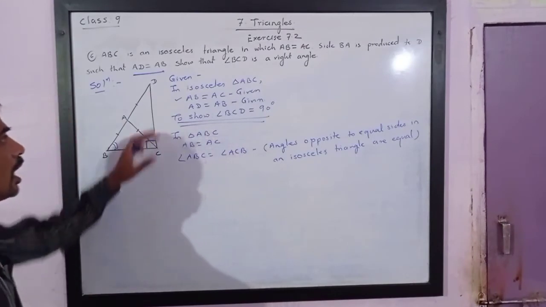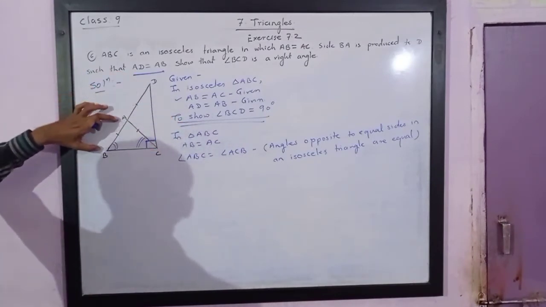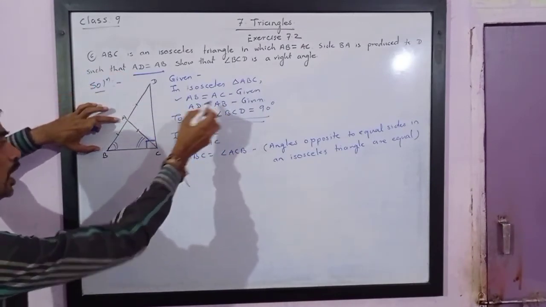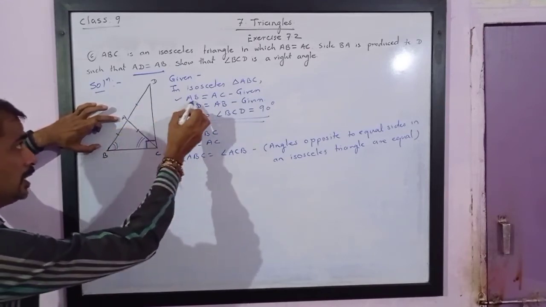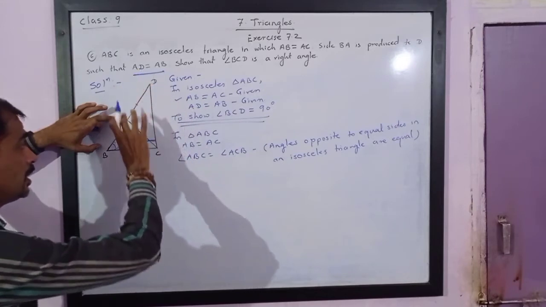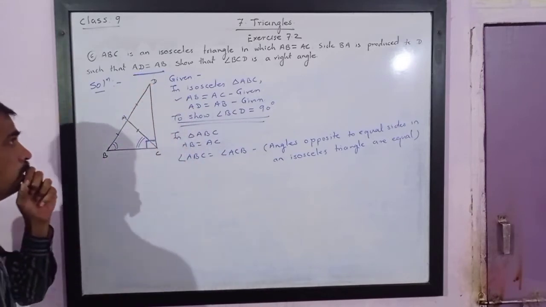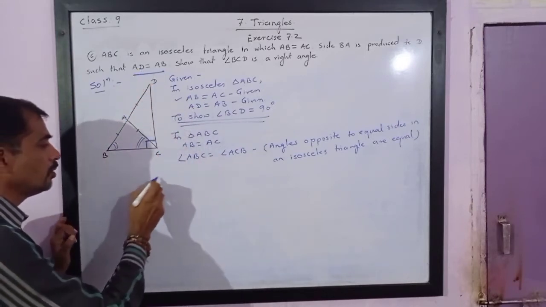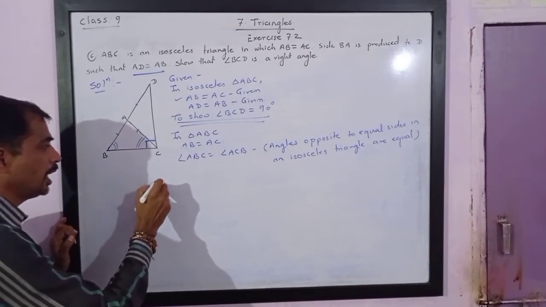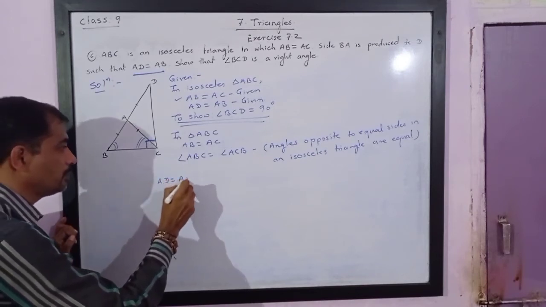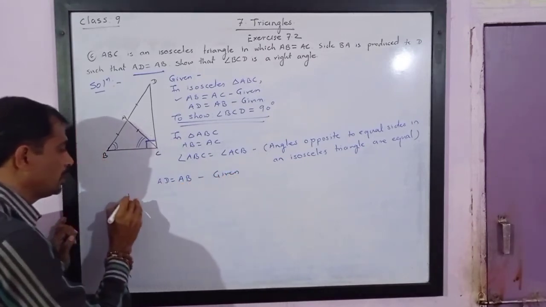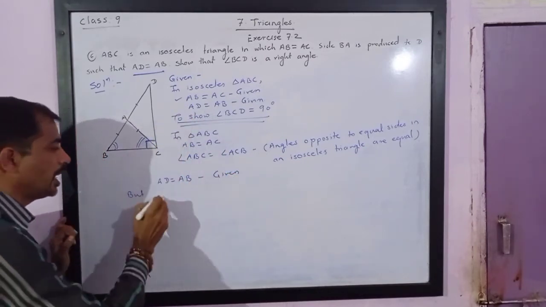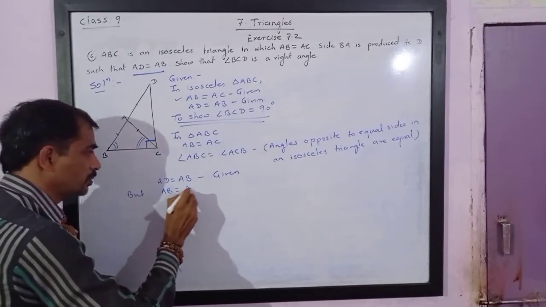Now we are also given AD is equal to AB, but AB is equal to AC.